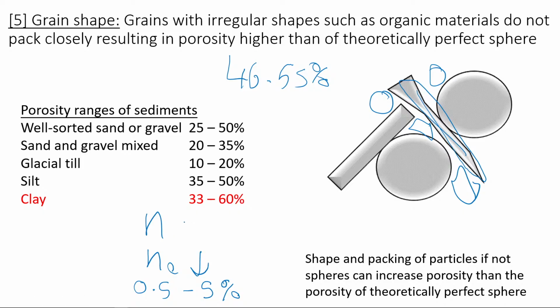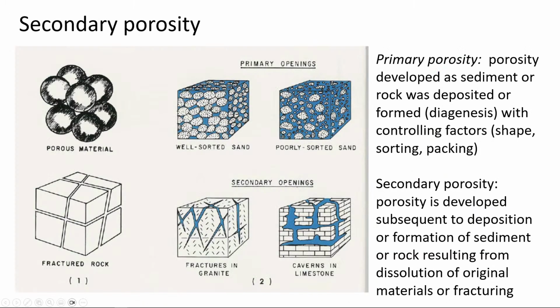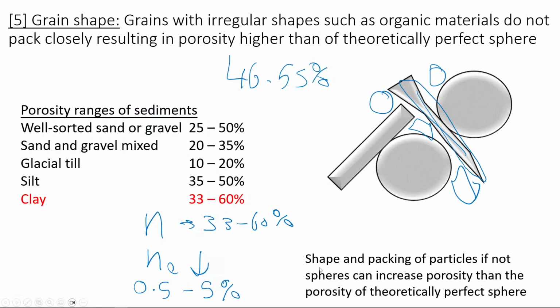The porosity for this one is from 33 to 60 percent. So the shape and packing of particles, if not spherical, can increase the porosity above that of a theoretically perfect sphere, which is this number.